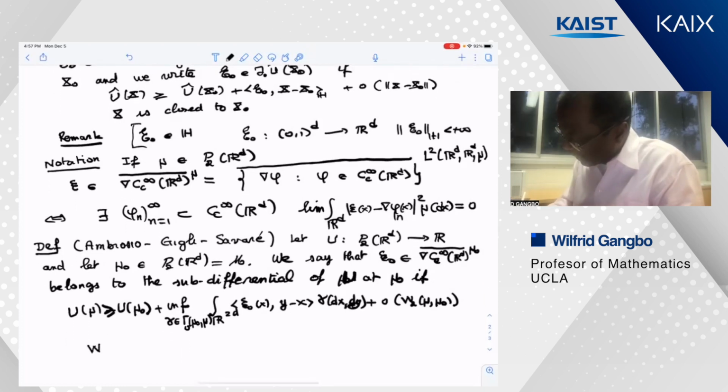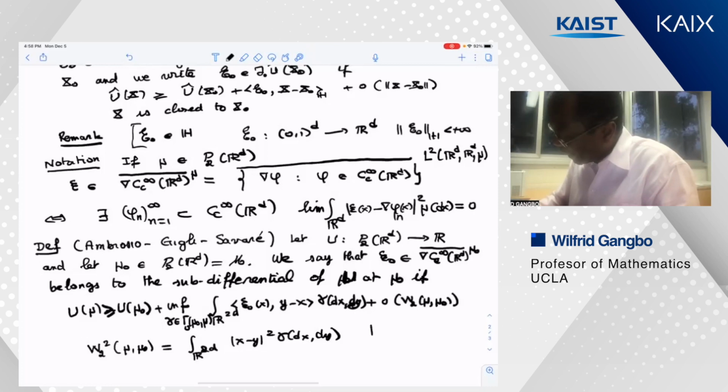So I am saying that if you compute the distance between mu and mu naught, it is the integral over R2d of |x minus y| squared gamma dx dy. And I characterize that by gamma 0 mu naught. So 0 is to mean optimal.